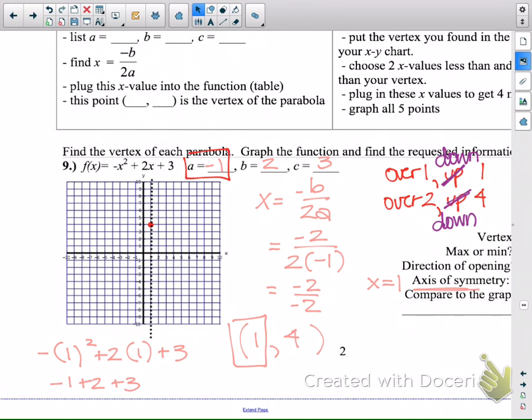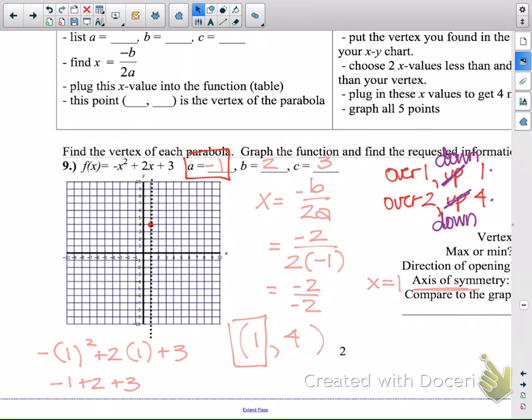If the A value was a different number than 1, you would then multiply those numbers by that A value. So in this case, because that A is 1, if I multiply that by either of these numbers, is that actually going to change anything? No, not at all, right? But if that A value is 2, I would multiply it. So what this tells me is from my vertex to get my other points, I'm going to count over 1 each way and down 1.